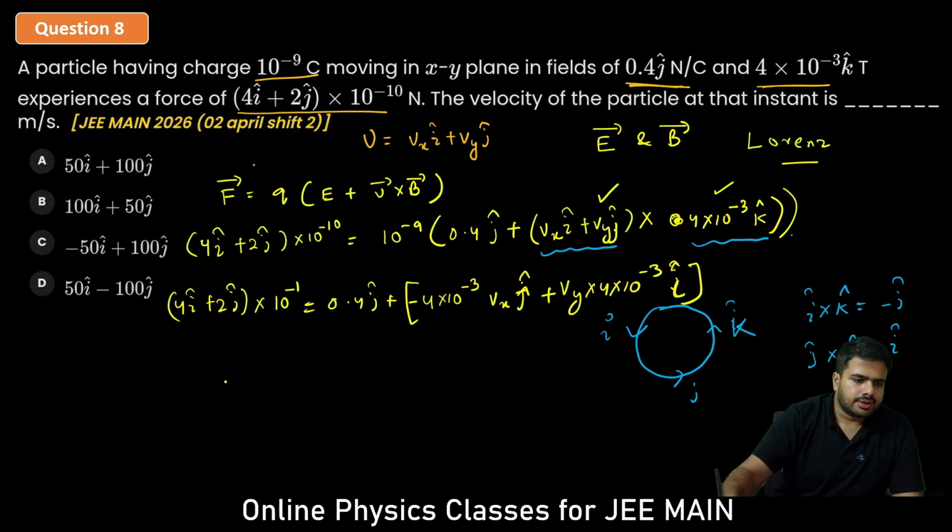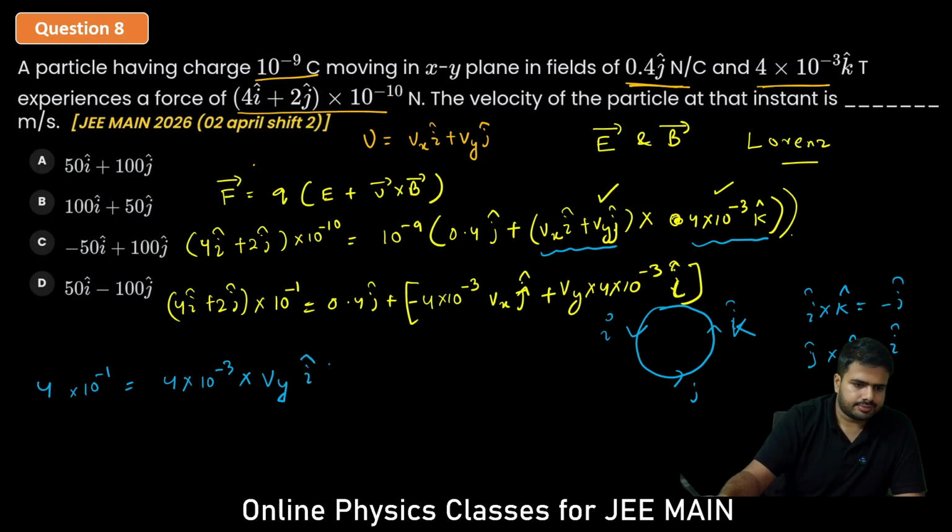Okay, so further, if you compare the coefficients on both sides, on comparing we can see that for the i cap component, on the left we have 4 into 10 to the power minus 1, equal to, on the right-hand side, the i cap term, 4 into 10 to the power minus 3 into Vy.